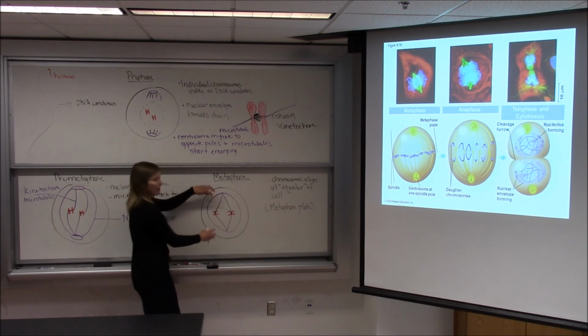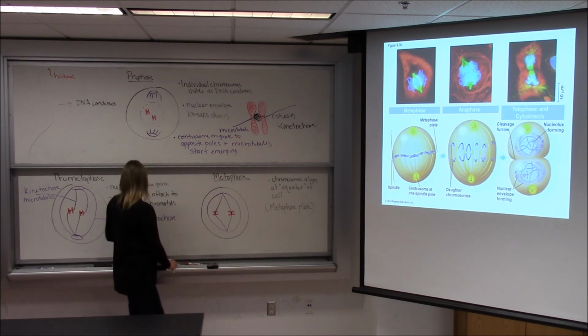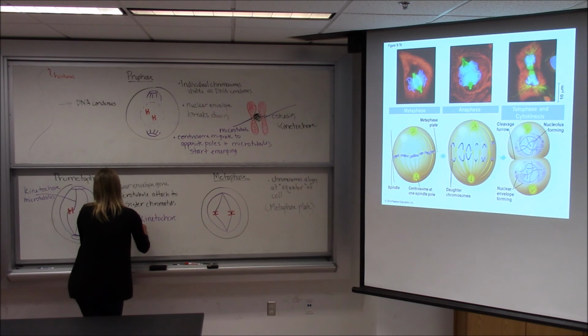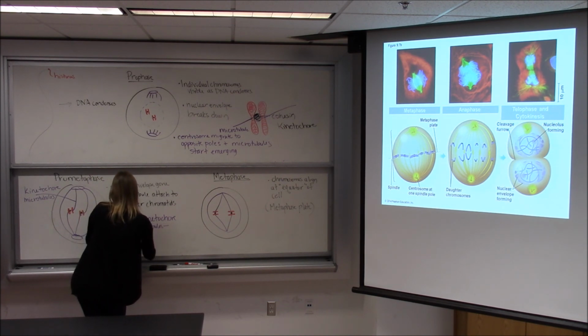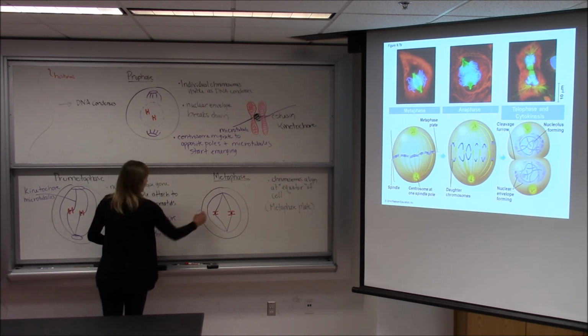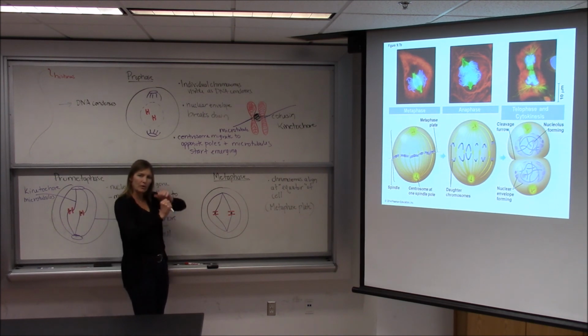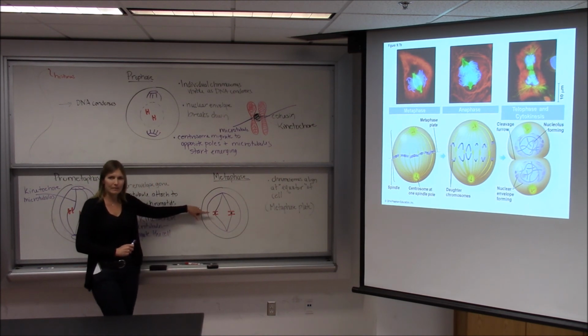Those are going to start elongating the cell. So those non-kinetochore microtubules are going to grow and elongate the cell. The kinetochore microtubules are what's going to actually pull those sister chromatids apart. They're pulling. Now what happens is an important checkpoint.